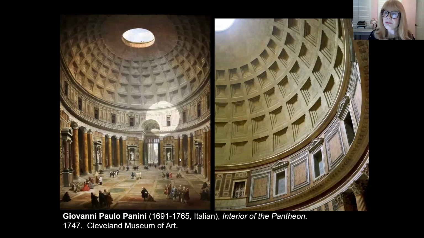There's also the worries of transporting everything. So in the case of the Pantheon, everything had to come down the Tiber River by boat, including the 16 columns, these large columns that we see here, that had been ordered for the interior.